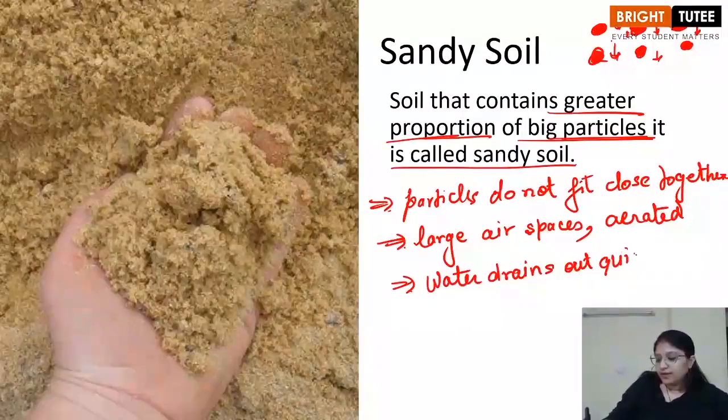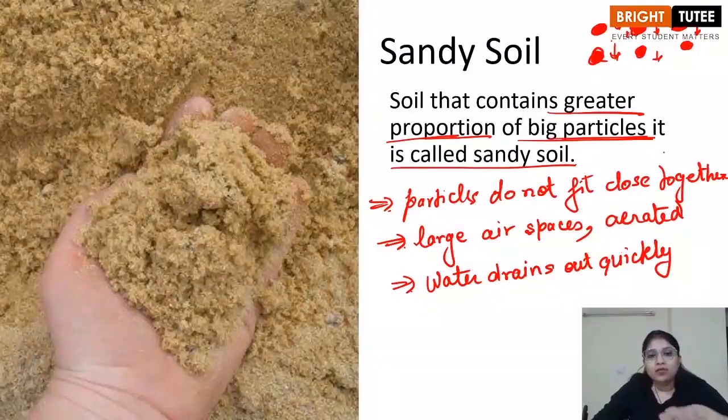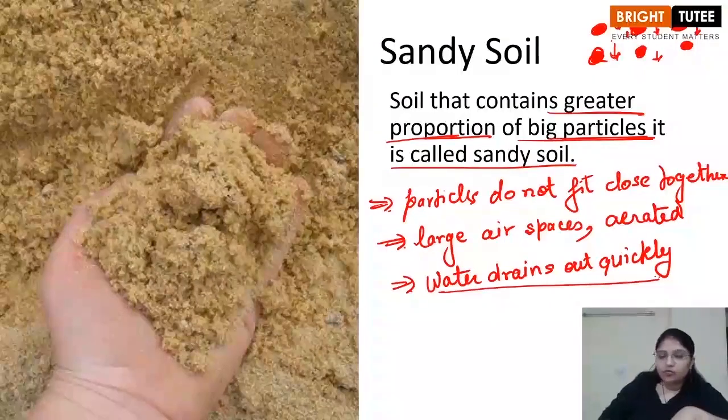So in this way we see that the water retaining capacity is low. And what is water retaining capacity? It is the capacity of the soil to hold water within the particles or between the particles. Because it has large spaces, water drains out quickly, so we say that the sandy soil has low water retaining capacity.